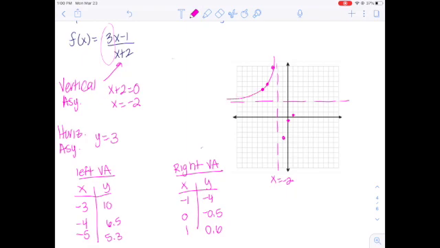All right, and you'll see your branches just cruise along the asymptotes. Your asymptotes really just frame your graph.